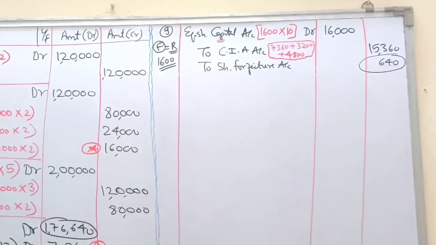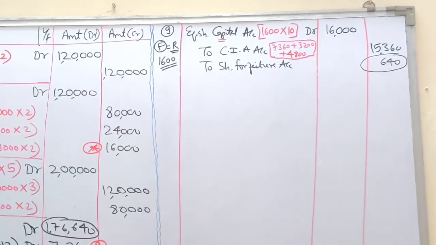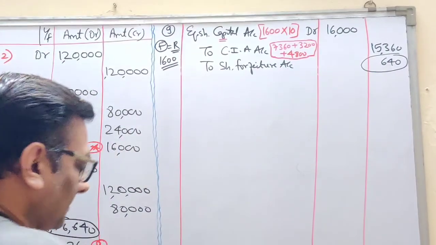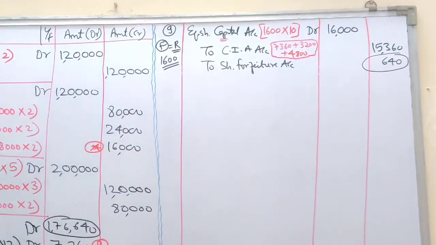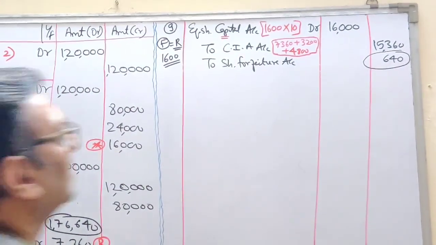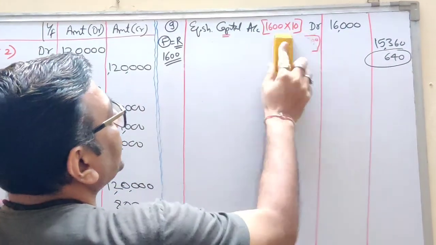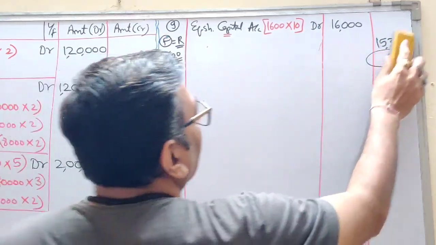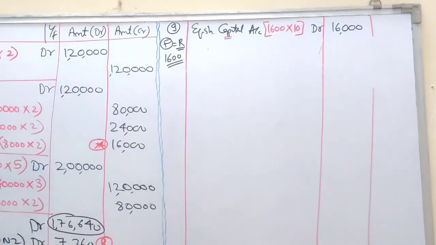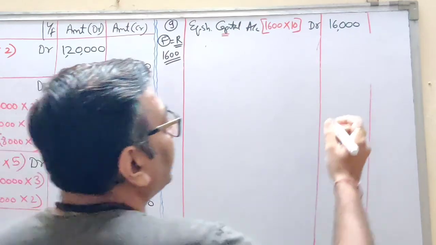Achha, the premium account. We forgot to write the premium account. That's the reason we are going wrong. We have not received premium money from Ramesh. Why have we not received premium money from Ramesh?